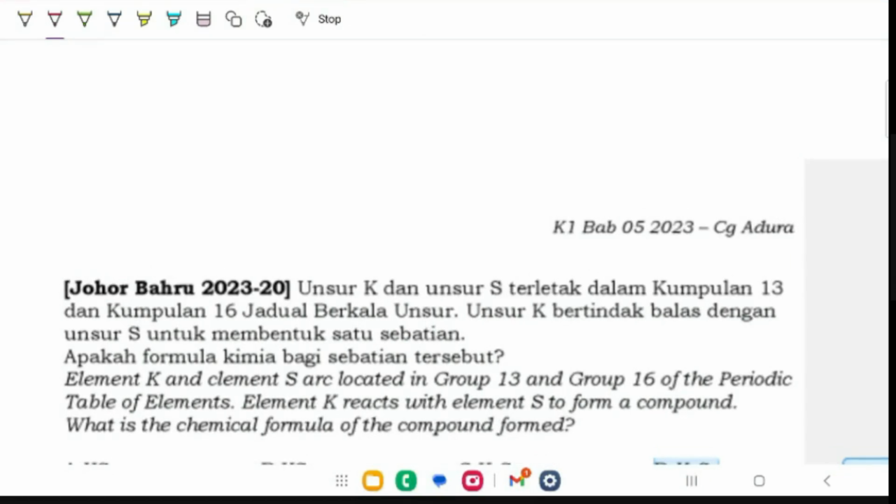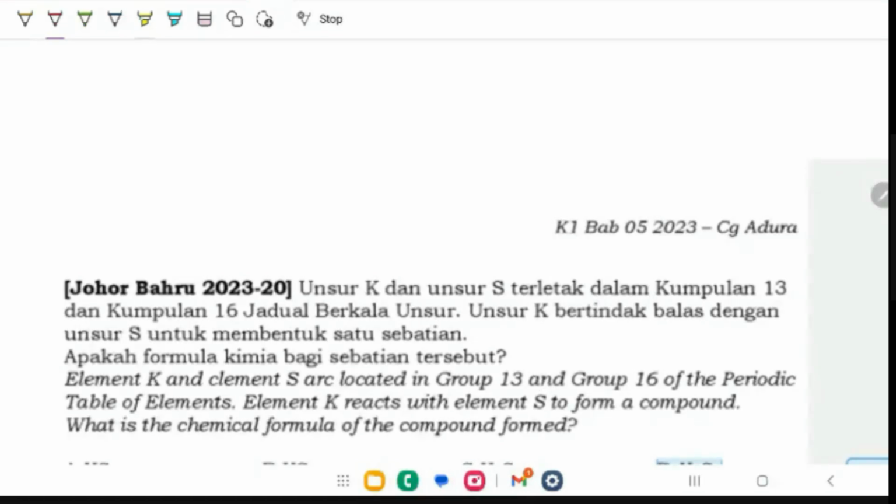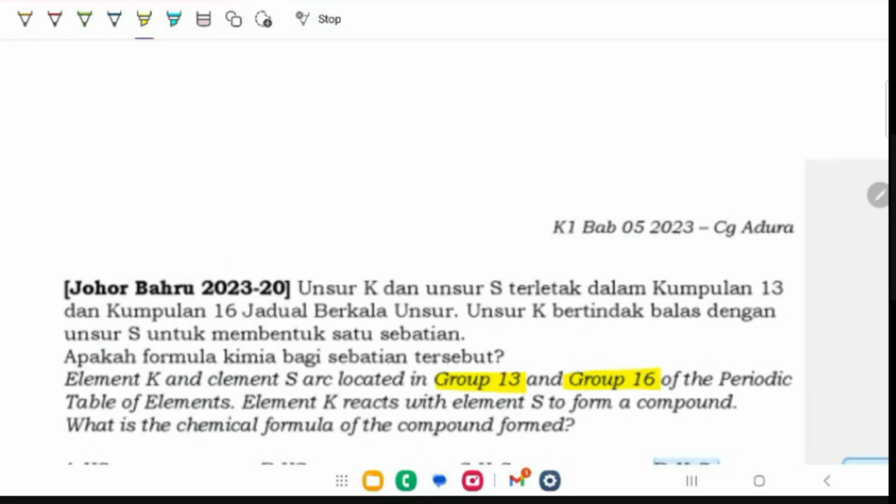Okay. In the periodic table, elements K and S are located in group 13 and group 16. Then K reacts with S to form a compound. What is the chemical formula for the compound formed? I repeat again, what is your answer?